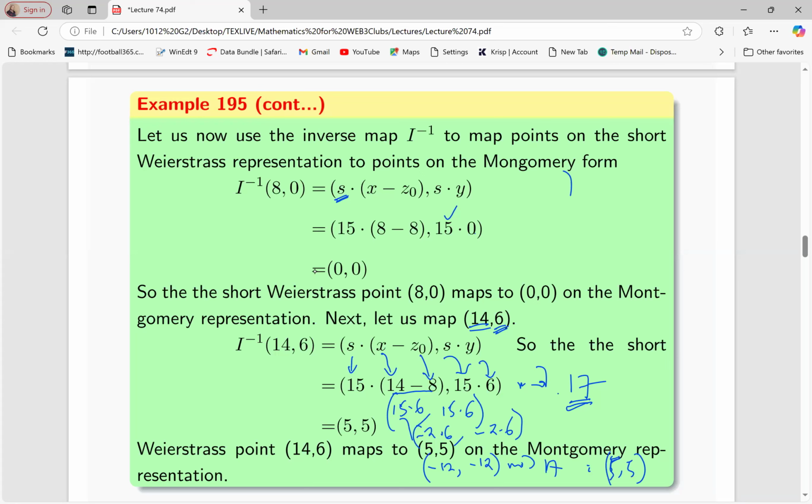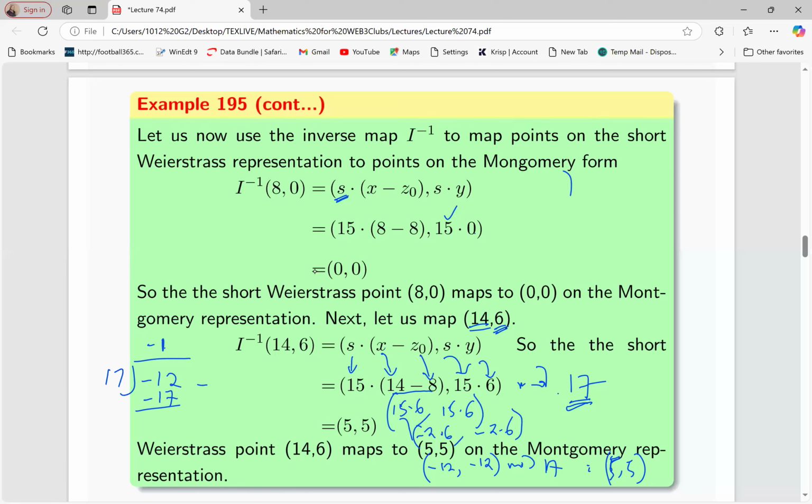-12 mod 17. So if 17 were to go into -12, you go there -1 times, and the remainder will be 5. -1 times 17 will be -17.